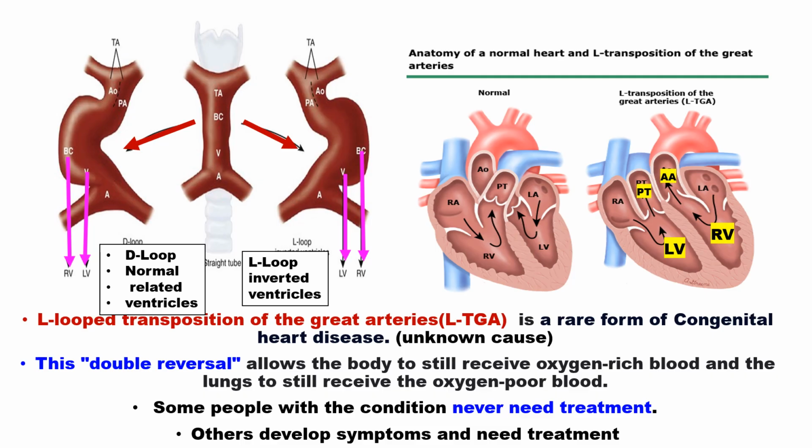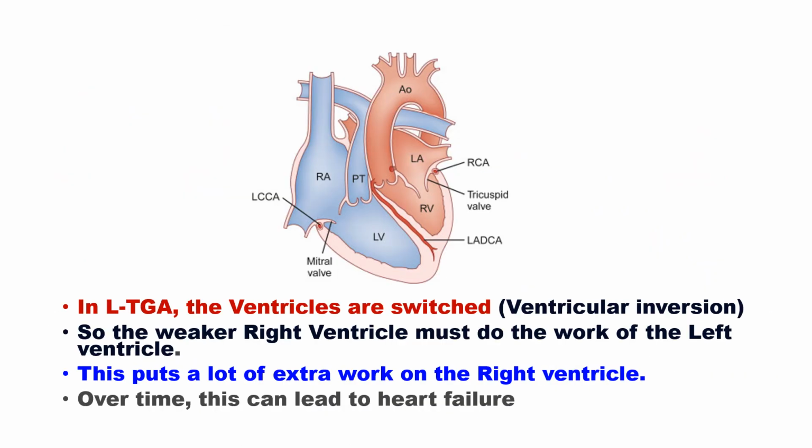This double reversal allows the body to receive oxygen-rich blood, and the lungs still receive oxygen-poor blood. The right ventricle is connected to the aorta and the left ventricle is connected to the pulmonary trunk. Some people with this condition never need treatment. Others develop symptoms and need treatment.